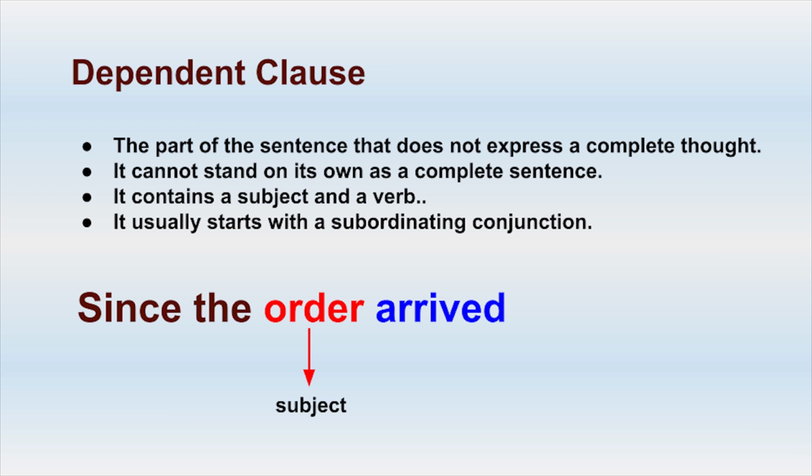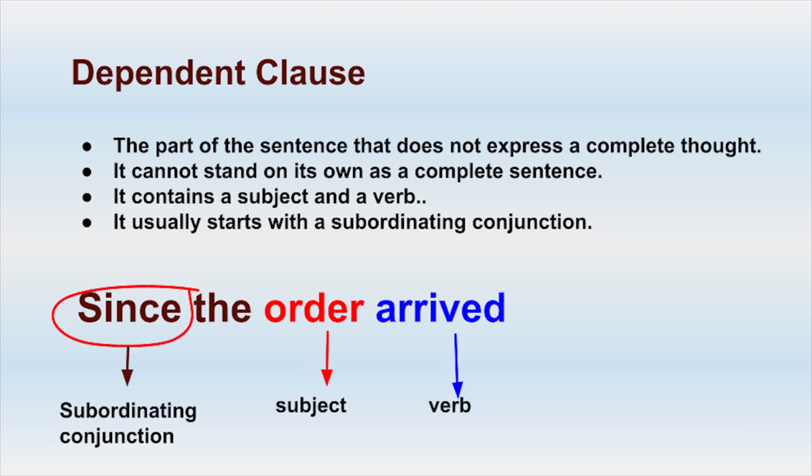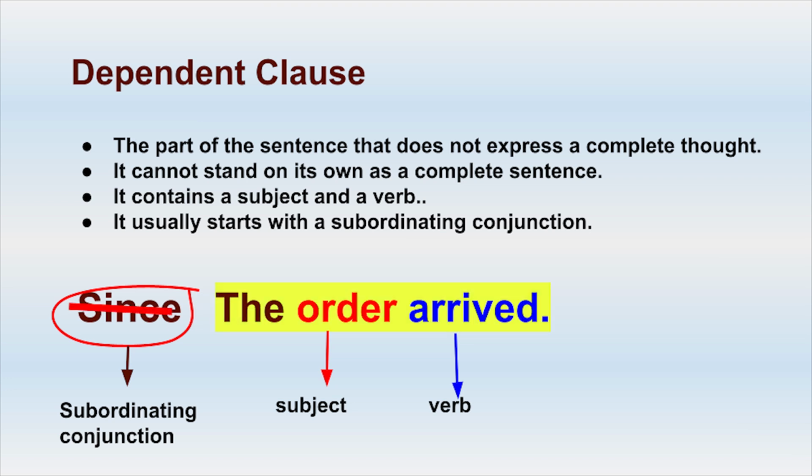Order is the subject and arrived is a verb. Since is the subordinating conjunction. The subordinating conjunction makes this clause dependent upon the rest of the sentence. If we removed the subordinating conjunction from this clause, we would have a complete sentence. The order arrived.